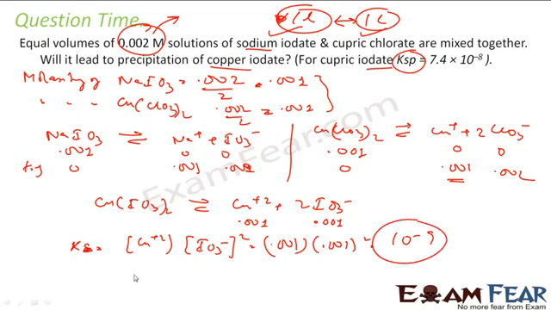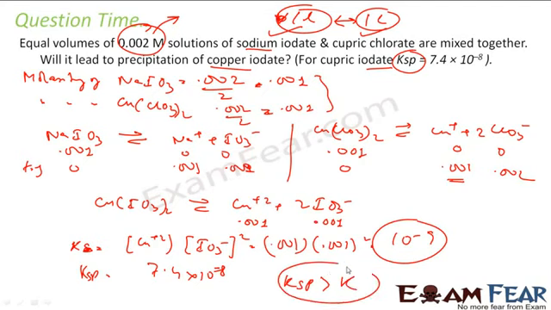And the value of Ksp given here for the same equation is 7.4 times 10 to the power minus 8. And you see here, Ksp is more than the ionic product. Since Ksp is more, it won't precipitate.